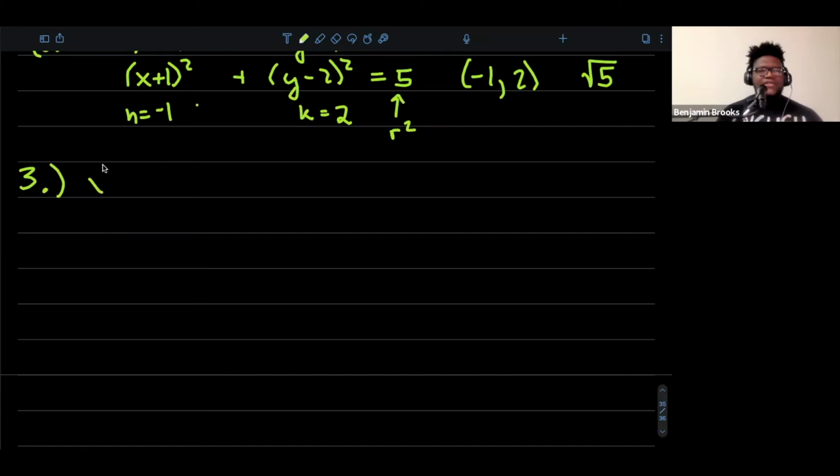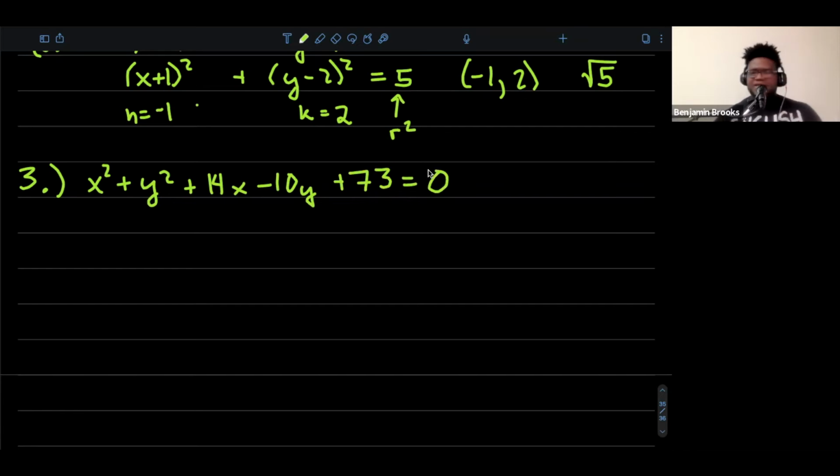We've got x squared plus y squared plus 14x minus 10y plus 73 is equal to 0. I'm going to pause right there to make sure everybody has that down.